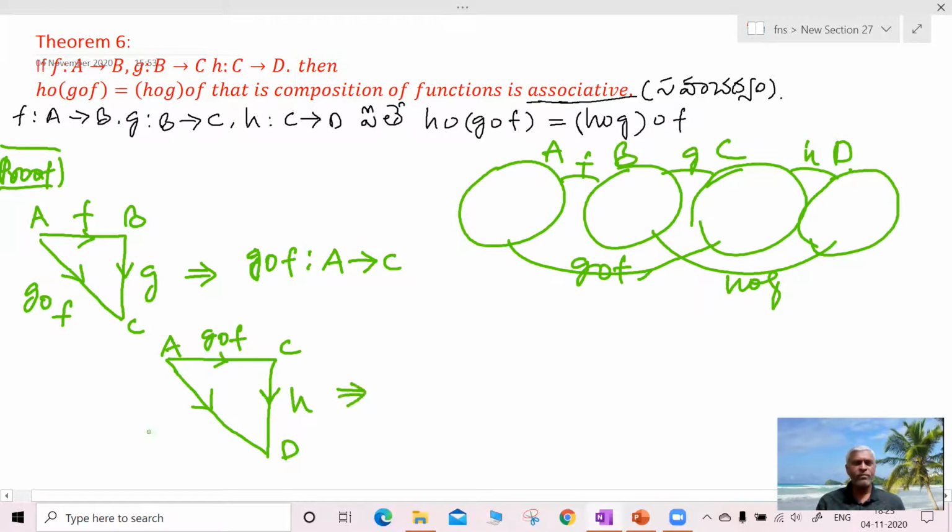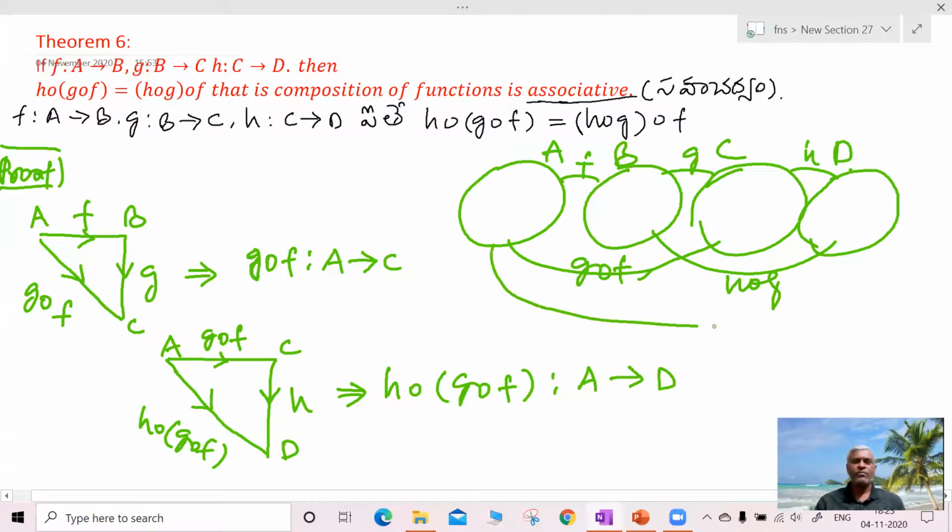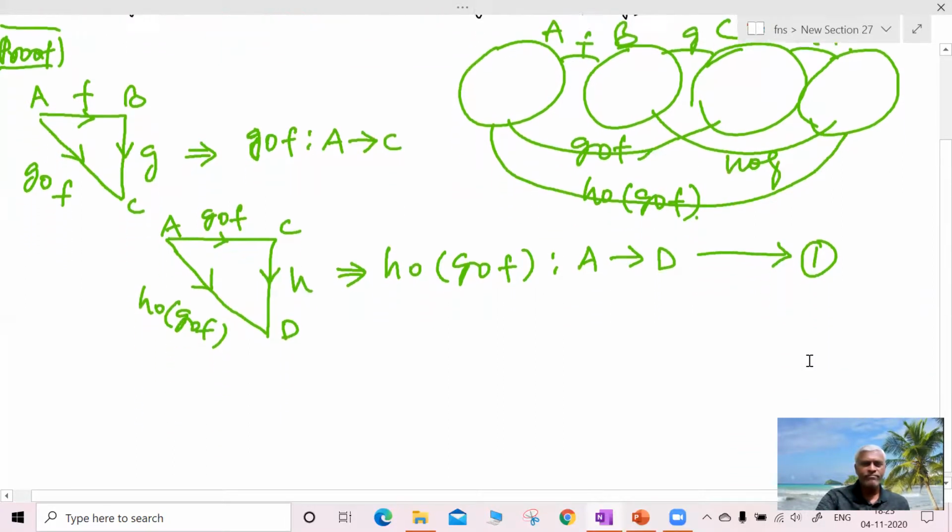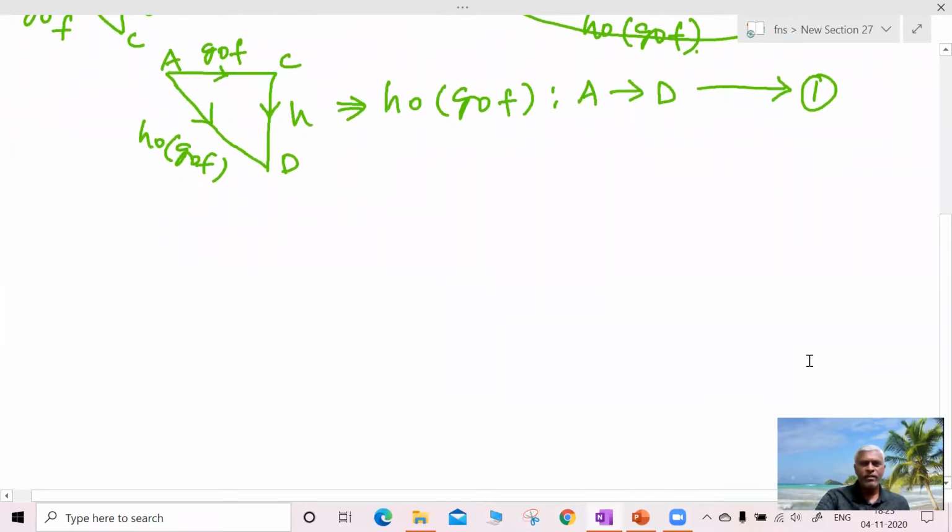Now this implies H circle G circle F, the composite function, is a function from A to D. Let us name it as 1. So the left side is defined on domain A, a function from A to D.